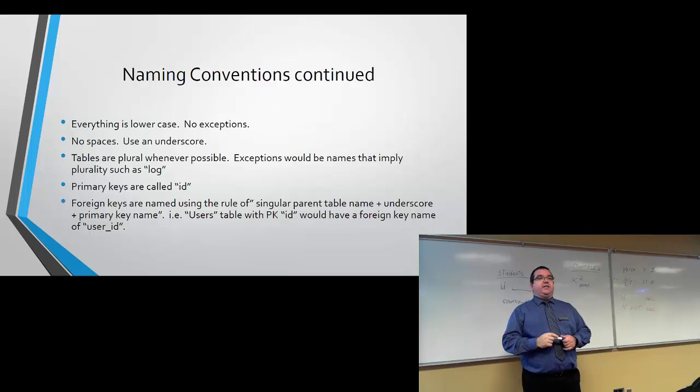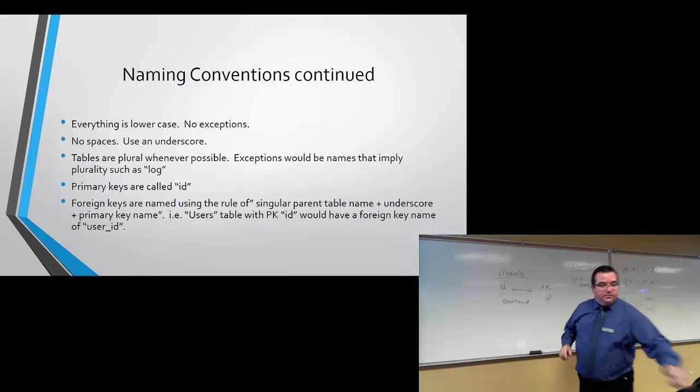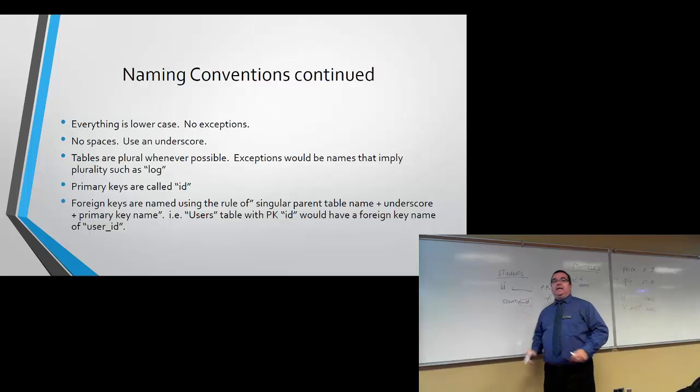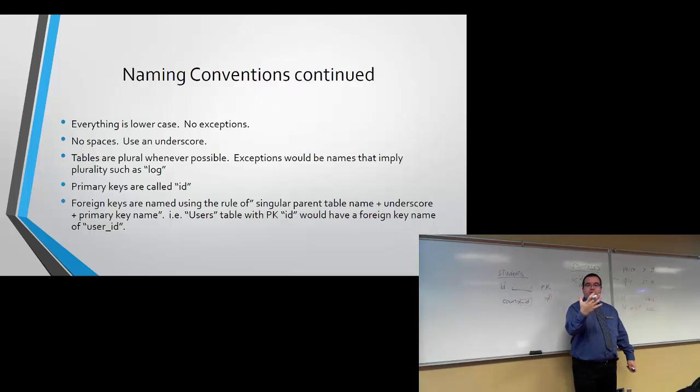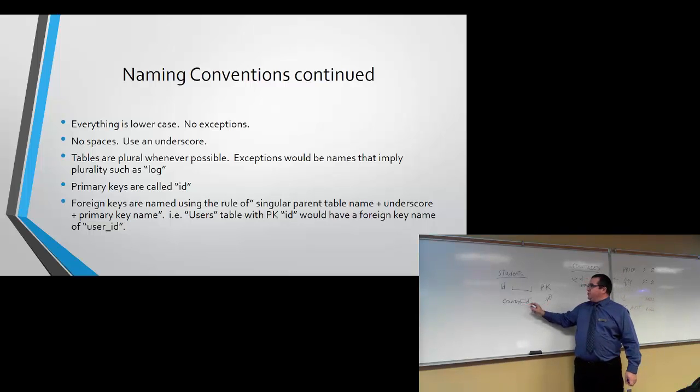Now, there's a few reasons why they chose this naming convention. At a glance, if you see anything that ends in underscore ID, look at the diagram, you immediately know that's a foreign key. It's getting its value from somewhere else. Next week I'm covering how this actually works. So this is the underscore ID.